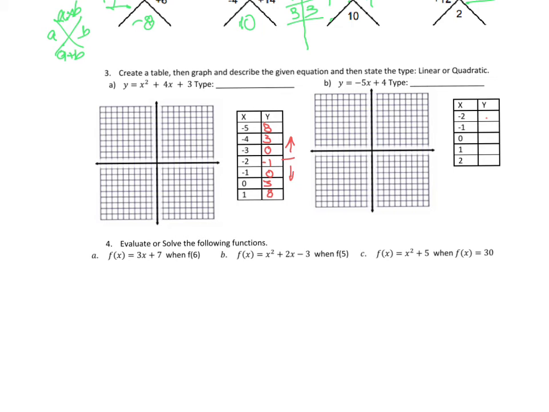-5, 8. Right there. -4, 3. -3, 0. -2, -1, -1, 0, 0, 3, and 1, 8.